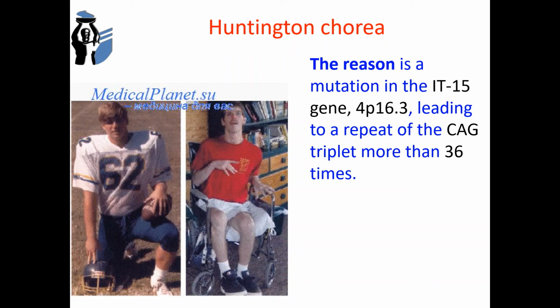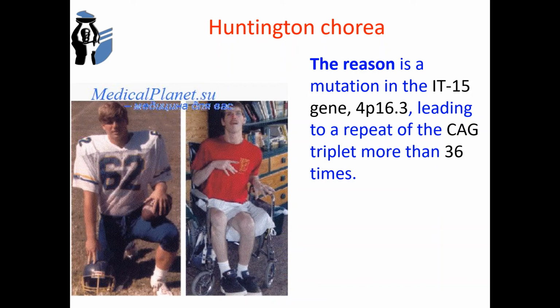The average age of onset of symptoms is 41 years. The average duration of the disease is 15 years. Gradually, there are mental disorders, decreased intelligence, and dementia. The frequency of occurrence is 1 in 10,000 or 1 in 20,000.